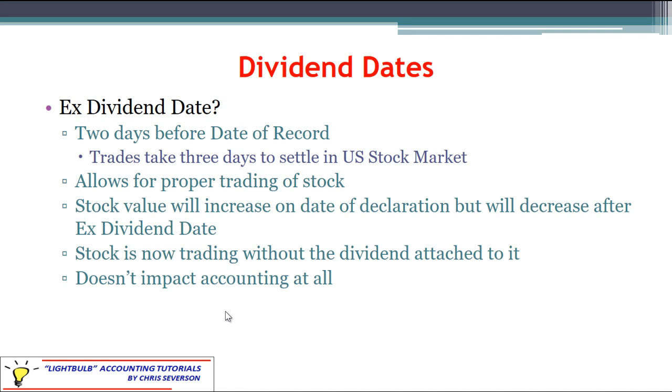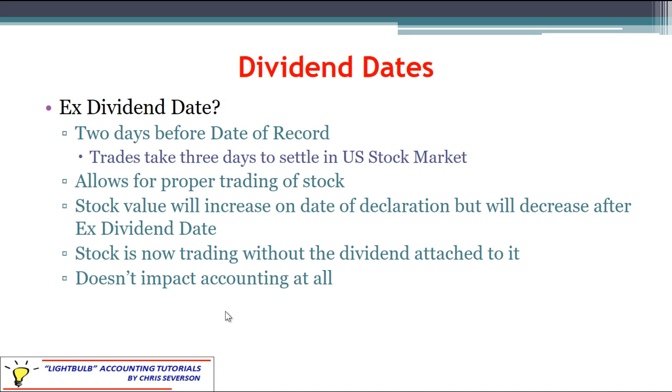So let's say on the date of declaration, you buy a share of stock, and then the date of payment was 2 months later. You know that you're going to get a dividend just for holding the stock for 2 months. But here's what happens. As soon as that information becomes public, and sometimes even leading up to it, if there's anticipation that a certain amount of dividend will be paid, the stock will naturally increase in value.